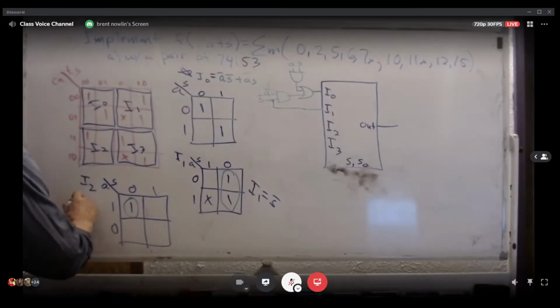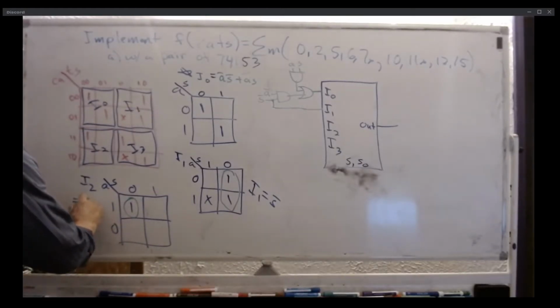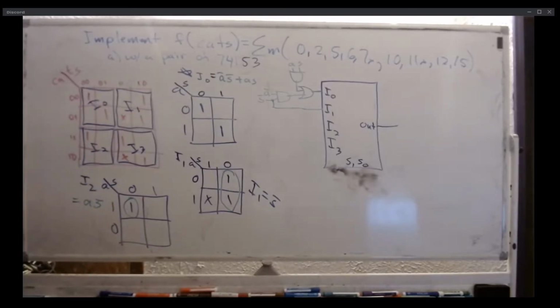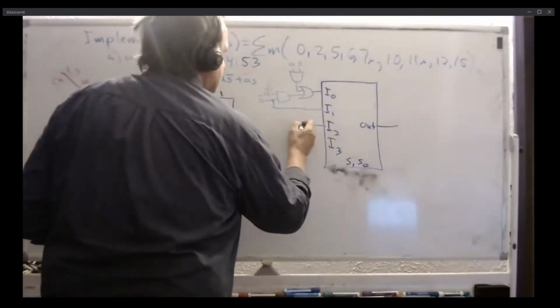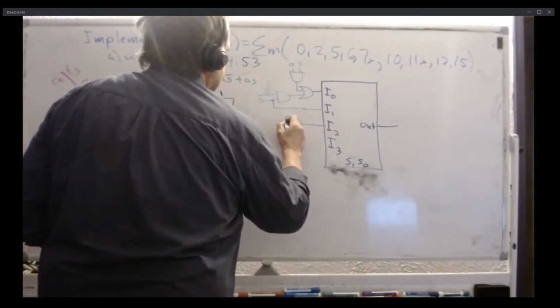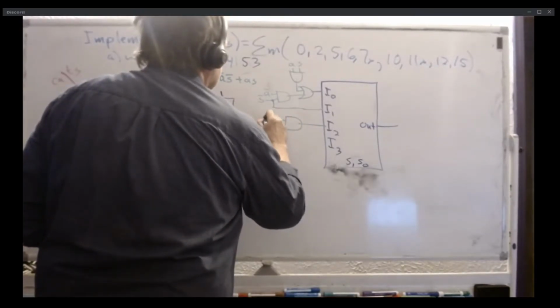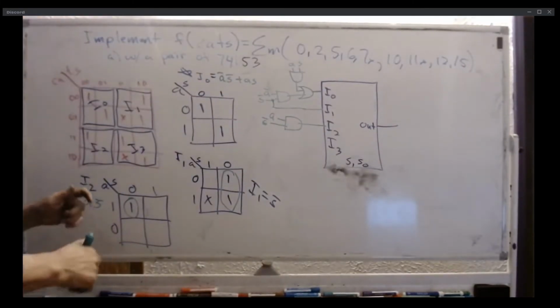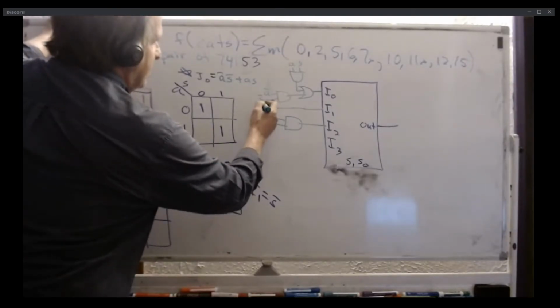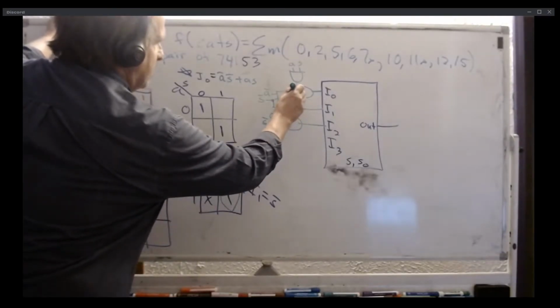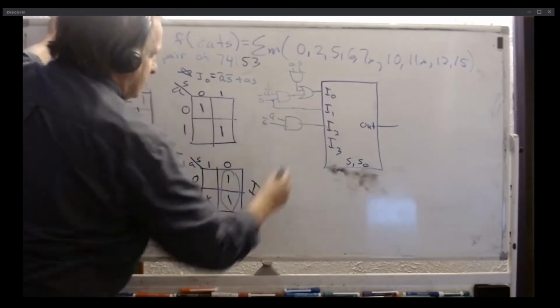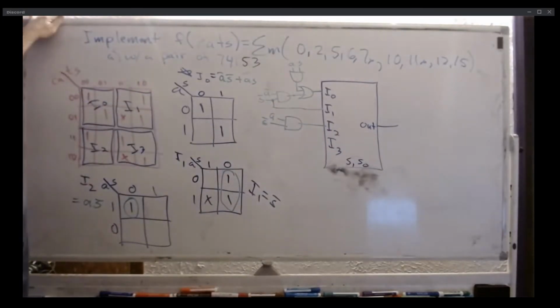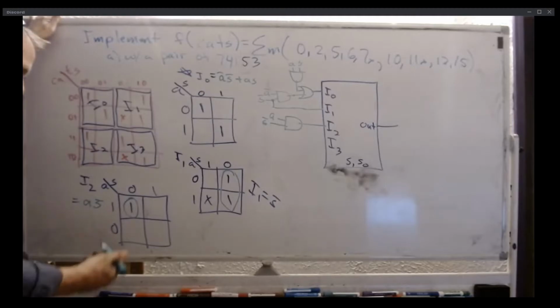That'll just be 1 0, that is A, not S. Boy, it's too bad it wasn't A not S not, because then we could have just grabbed this output and run it straight into I2. That would have saved a gate and its literals. Oh well, such is life.